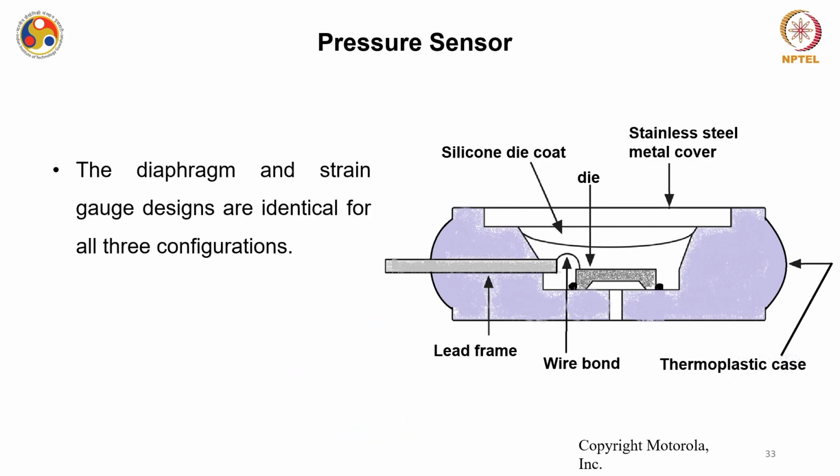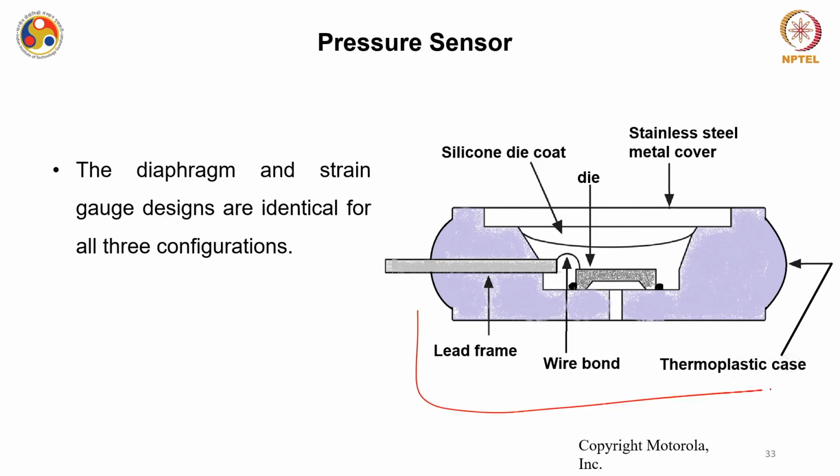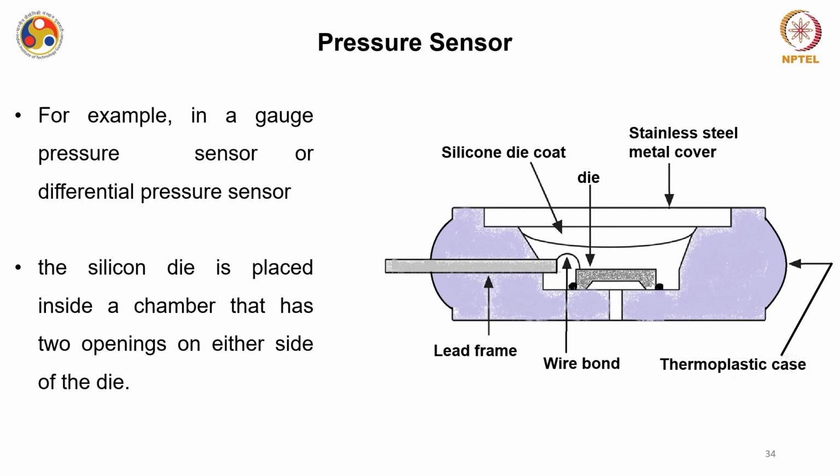So, the diaphragm and the strain gauge designs are identical in all three configurations. Be it an absolute pressure sensor, a gauge pressure sensor, or a differential pressure sensor, the diaphragm and strain gauge design is very similar among all. However, the packaging of these devices is different.